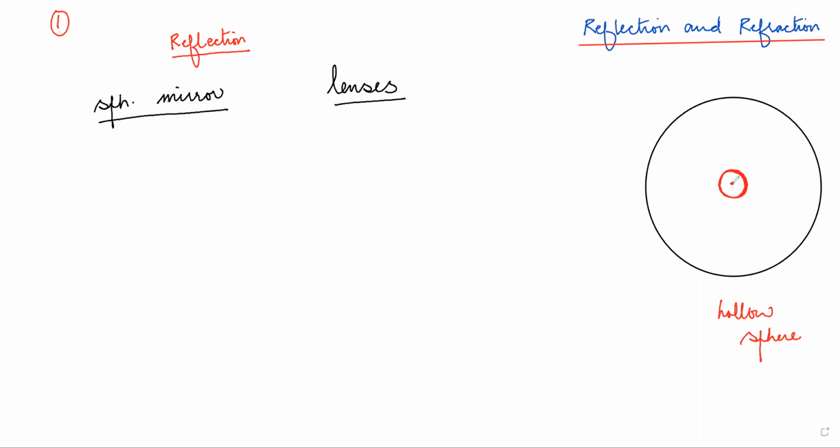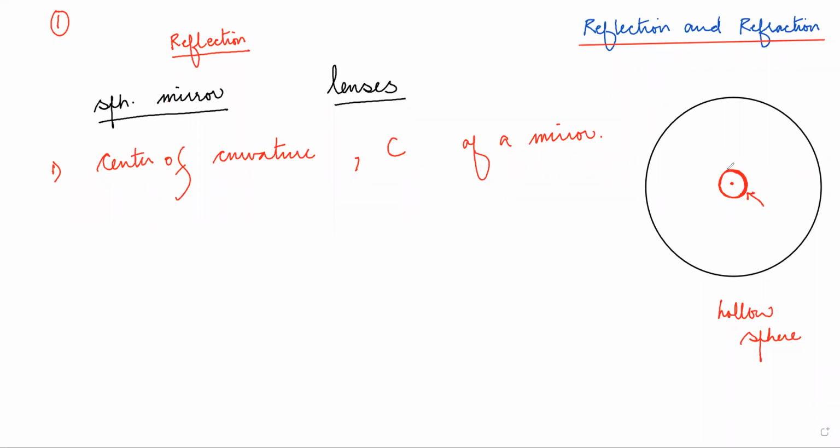So in other words, students, if I extend all the sides of this spherical mirror, it becomes a sphere. The center of the sphere is known as the center of curvature of a mirror, normally represented by C. In simple words, what is the center of curvature of a spherical mirror?